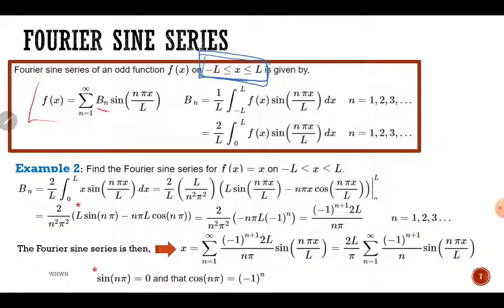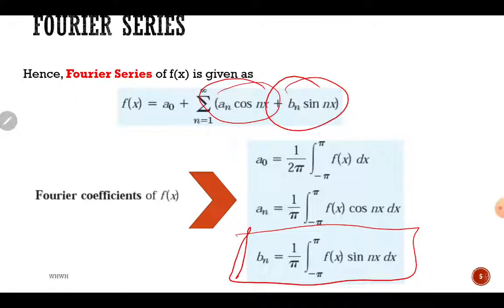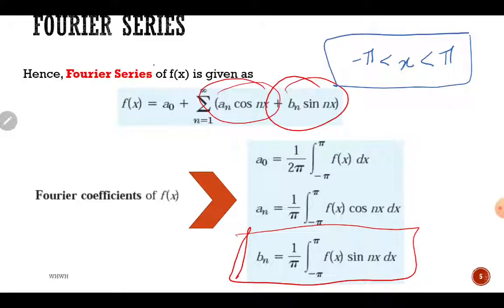For the formula I introduced to you earlier, it would actually be good if I write it out directly. Its interval is from negative pi to pi. It's missing here, so please add it in. Okay, if the interval is from negative pi to pi, then the formula becomes like this. So meaning in this case, our L is equal to pi.